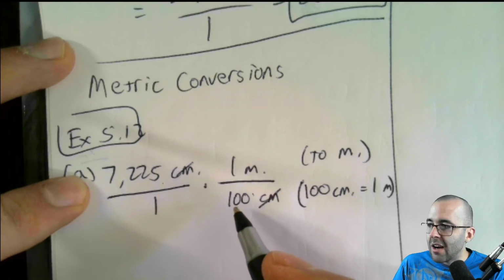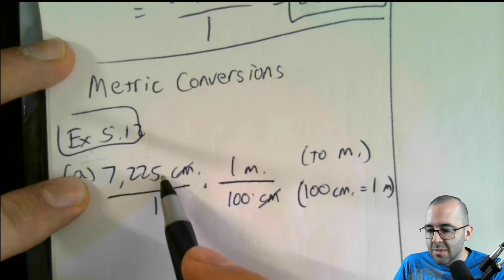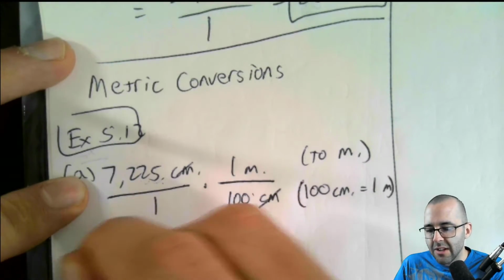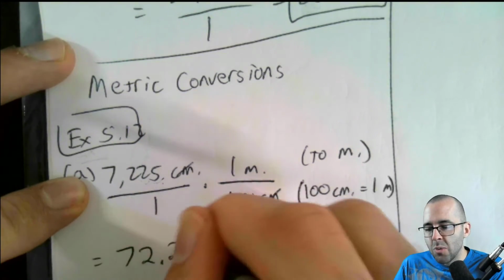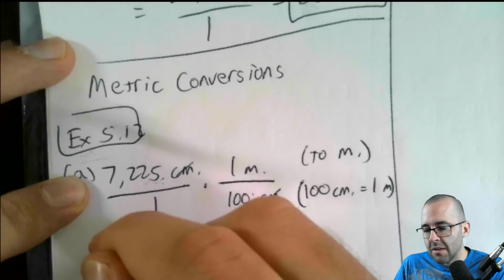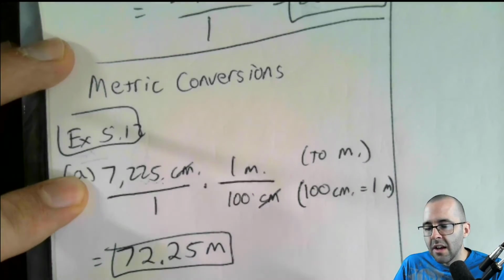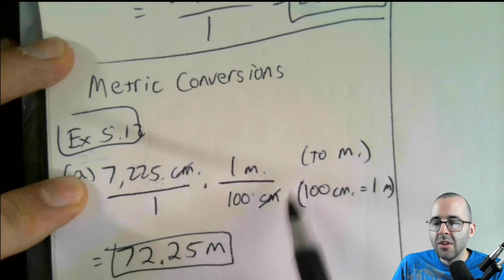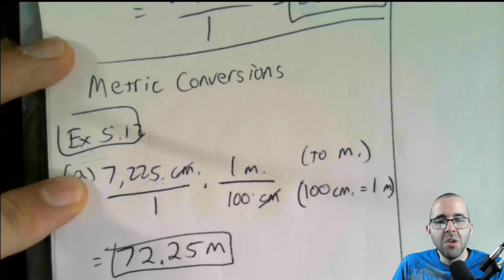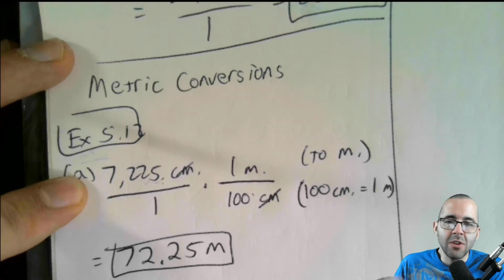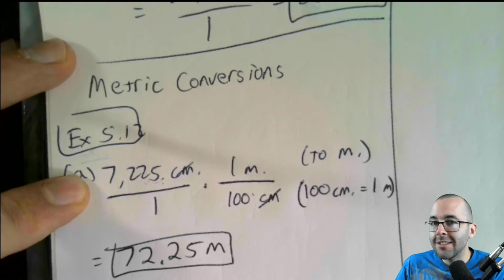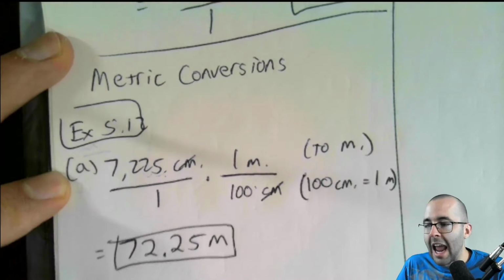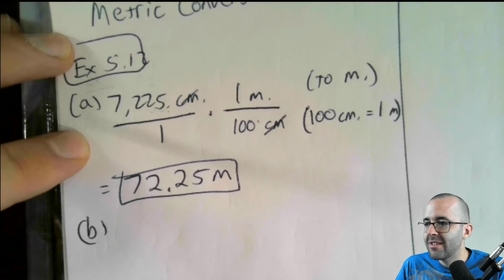If I'm dividing by 100, we just move the decimal place twice to the left, but you still can use a calculator. So this is going to be 72.25 meters as our answer. As you get more and more comfortable, you may not even use the fraction way at all, and you can just move decimal points around whenever you're trying to get from one of these to another. That's the advantage of the metric system.